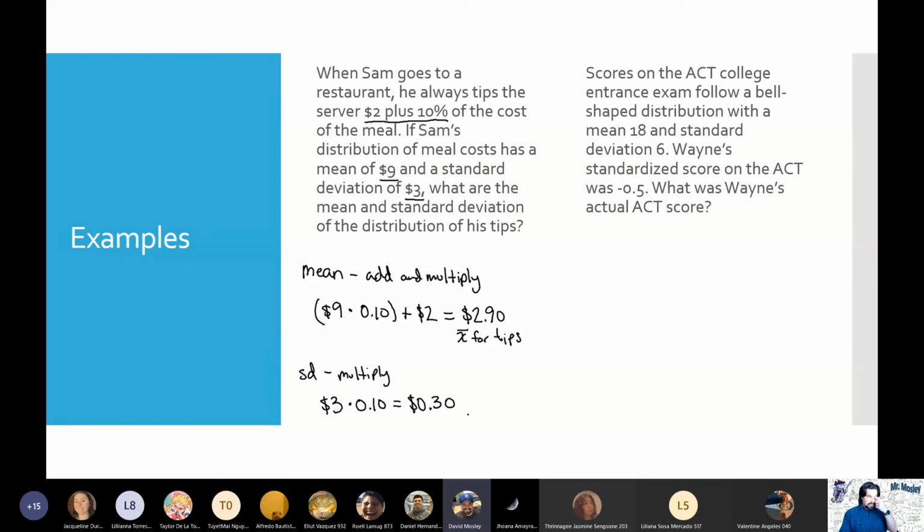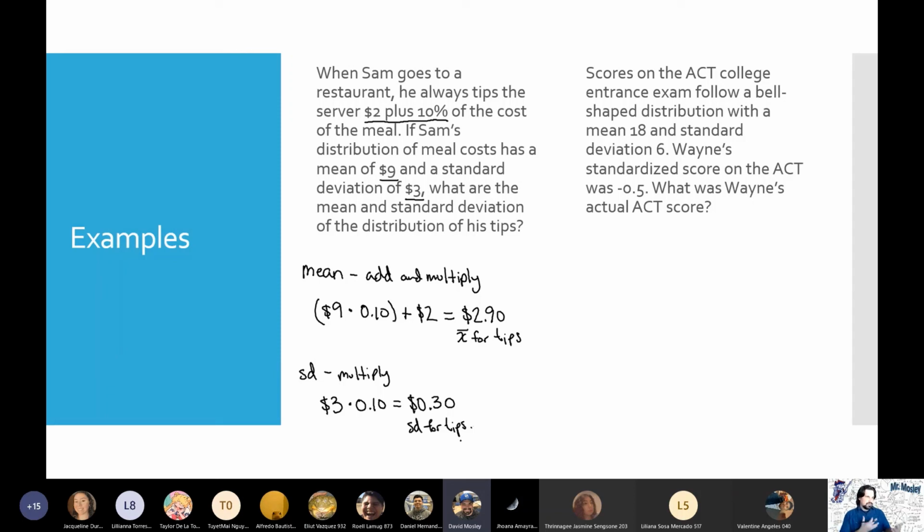We get 30 cents as the standard deviation for the tips. Right, that means that typically the tips vary from the mean by about 30 cents, either 30 cents higher or 30 cents lower.